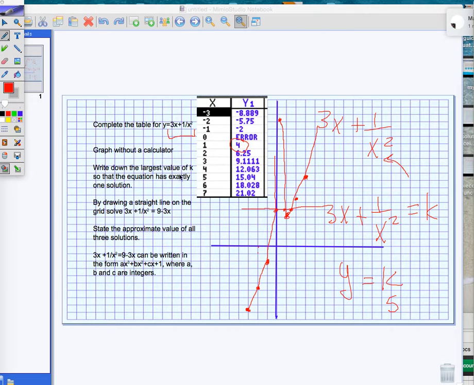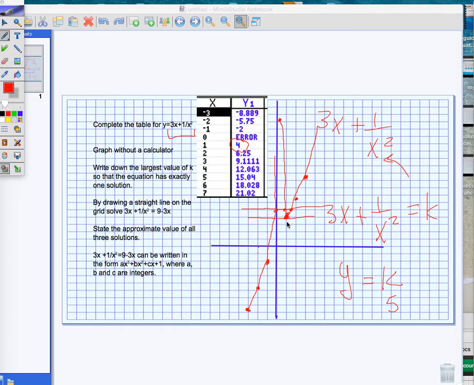We want to know where we would have exactly one solution, so the largest value of k so that you have exactly one solution. In this particular graph and equation, it's not going to be a nice pretty integer. It would actually be a decimal, but I know on the assessment it is an integer. If you look at this lowest point on this little curve, you can see if it goes through at that point, it still has 2 solutions.